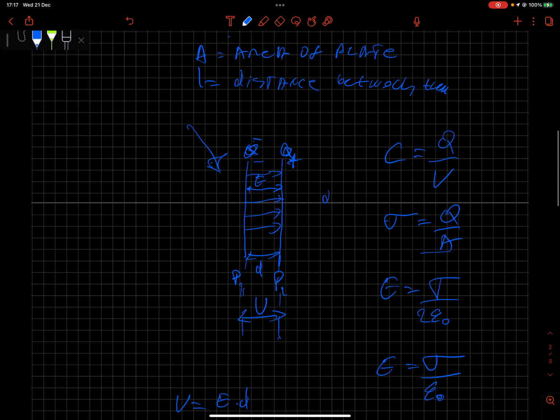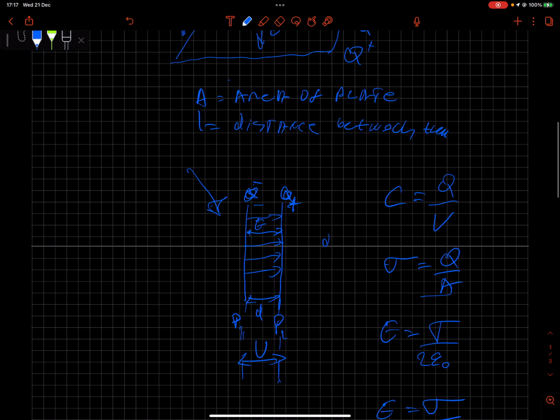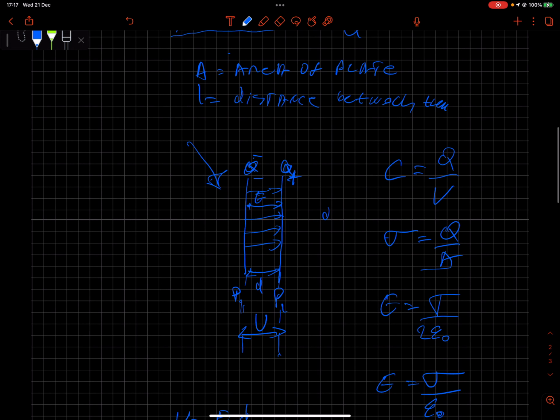And the definition of capacitance is the amount of charge on the plates divided by the potential difference between the plates, and the unit is farad.